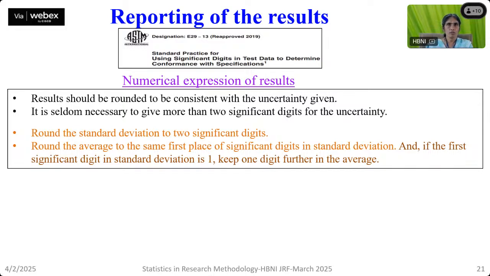So keep a watch on such authentic websites. For example, for the chemistry fraternity, IUPAC is the website where you can have reliable references regarding such clarifications. Or if you are in the general fraternity, on the ASTM website you can see ASTM E29. 2013 was the first publication of this expression of results.